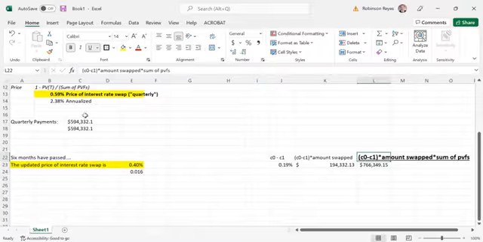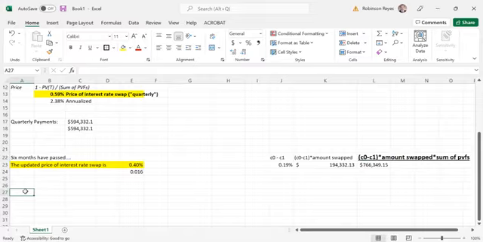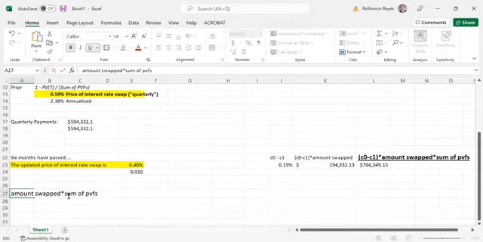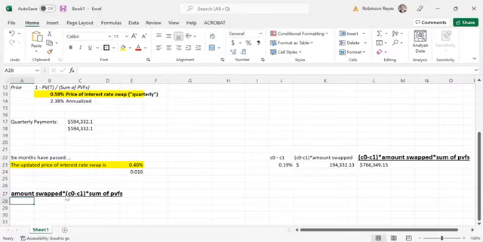Okay, now I'm going to introduce this formula that we have just stated right here. I'm going to introduce it a little bit more formally, because this is how you will see it on Canvas. It's just first the amount swapped, then the difference, and then the sum of PVs.